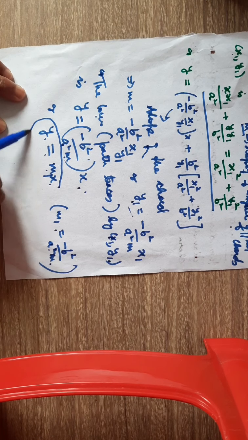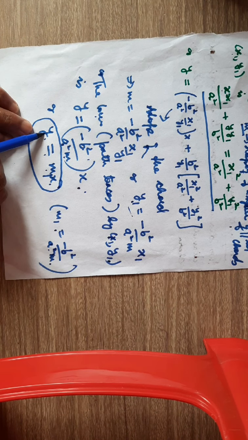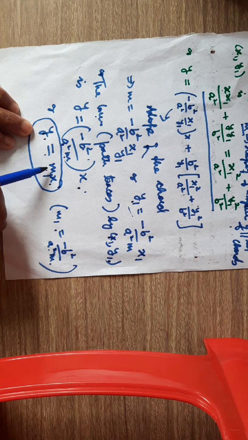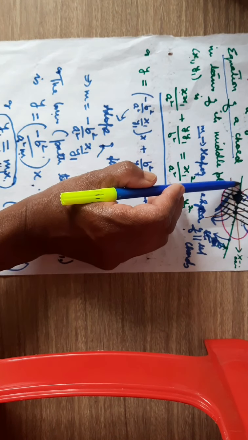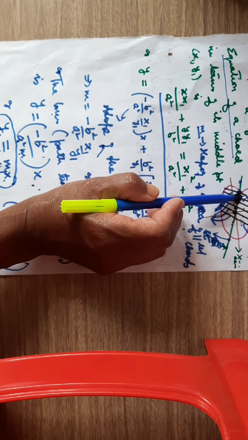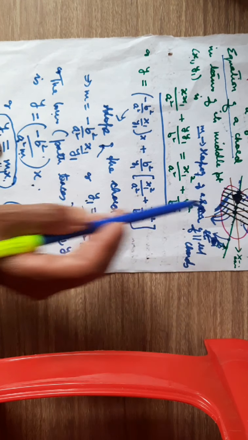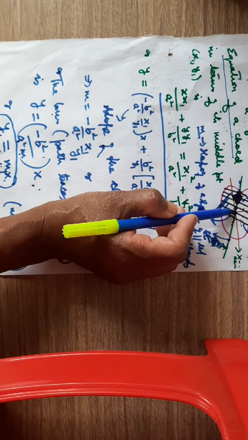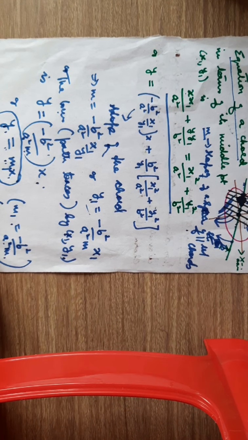But we know that this equation represents nothing but a straight line passing through the origin. Therefore the line which passes through the midpoints x1, y1 is a straight line which passes through the origin, because the equation of a line which passes through the origin will be of the form y is equal to mx.